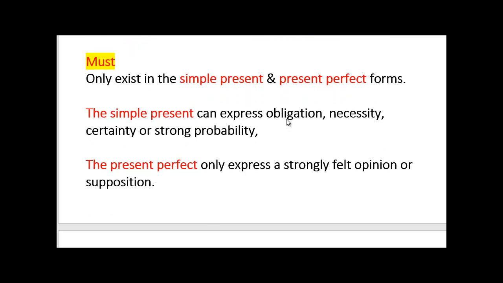The meaning of the sentence in the present simple is obligation or necessity, certainty and strong probability, clear cut. But with the present perfect, as we said before, it's probability, not a certainty. It's just supposition: probability, supposition, and strongly felt opinion.